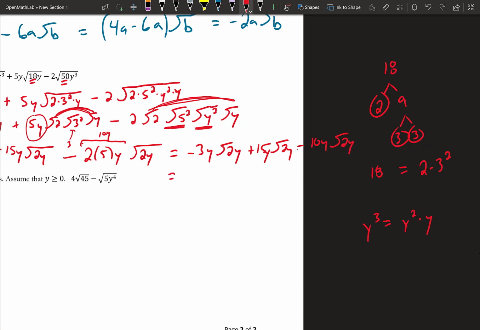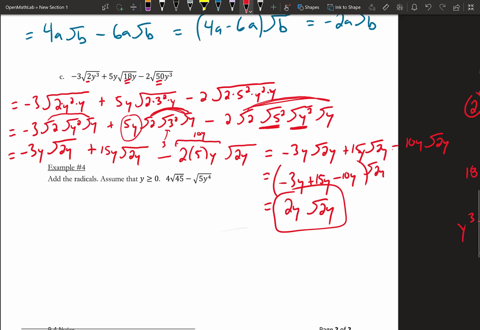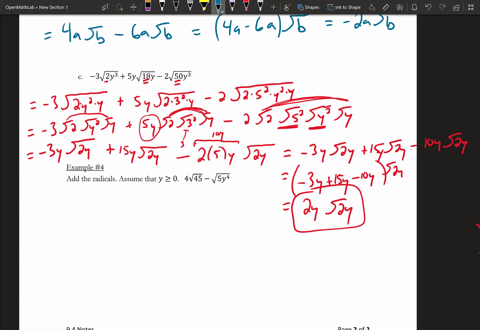And then I can pull out that radical 2y. So then what I have left is negative 3y plus 15y minus 10y. So if I combine like terms, right, we get 15 minus 3 is 12y, and then minus 10, so we get 2y times radical 2y, right, as the final answer.